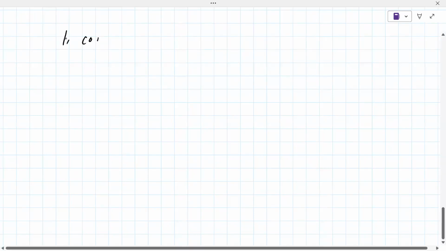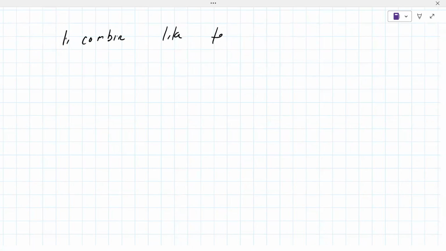Okay. So the next topic that you typically get when you're solving equations is to combine like terms. We did some of that in our notes, like 4x plus 3x plus 7 equals 16. Here's an example where you have to combine like terms.